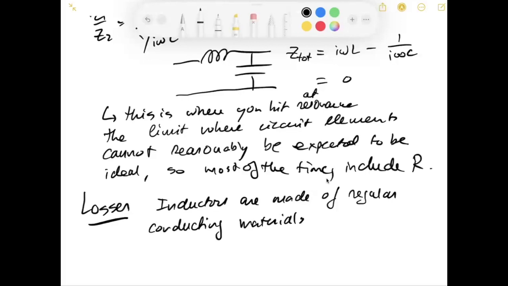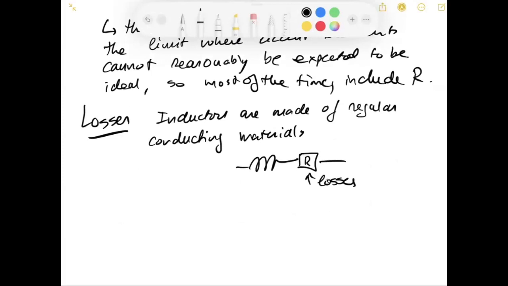So even if it's just a wire that's wound in a spool and is not even wrapped around some kind of a core with extra, more important magnetic permeability, so you can get a higher inductance for the same package size. Even if it's wrapped around a vacuum, you still have wires that have some kind of a finite resistance. So usually then what you do is you take an inductor and you include a little resistor, and these are your losses. So once you have those quantified, you can say, okay, well, now I have my losses.